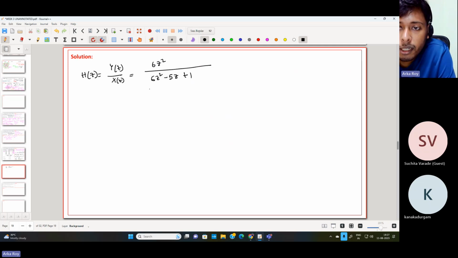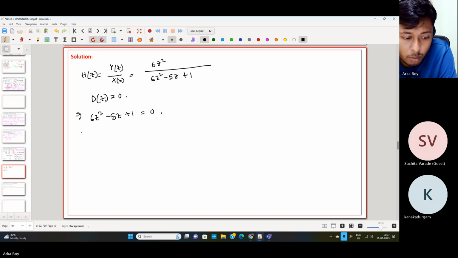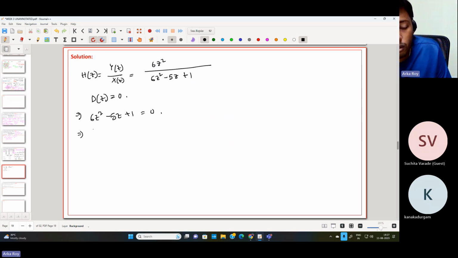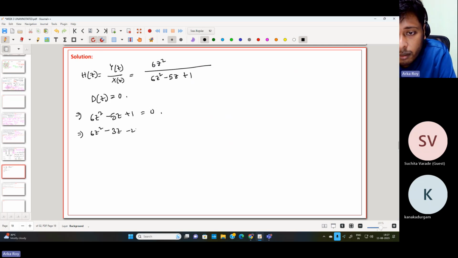Now for the transfer function, I need to get the poles. So the denominator will be equated with 0. 6z squared minus 5z plus 1 equals 0. So I will get 6z squared minus 3z minus 2z plus 1 equals 0.